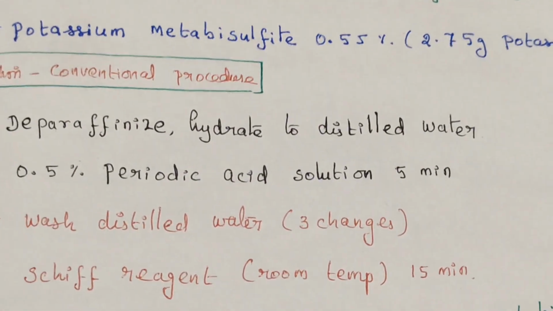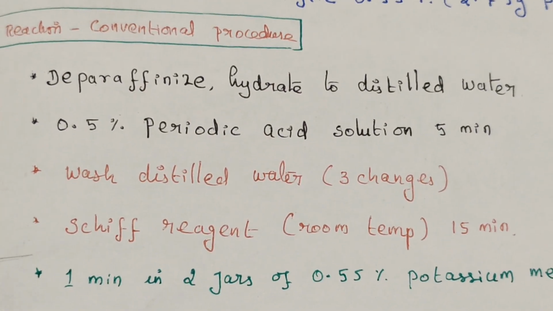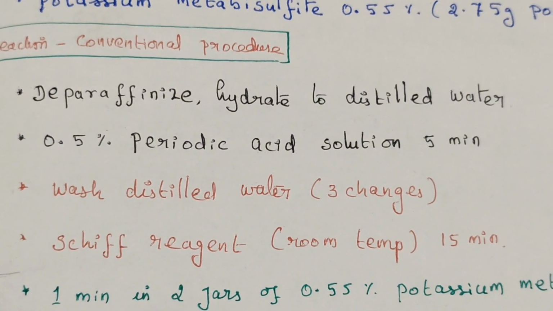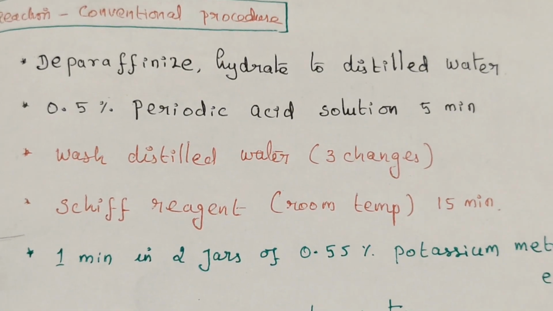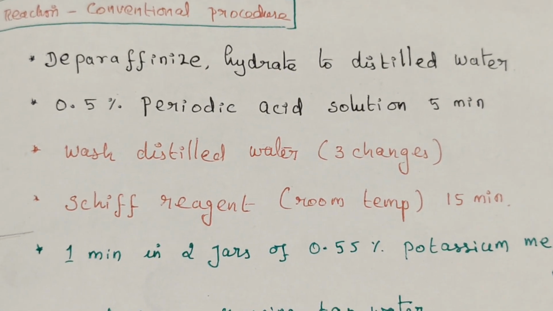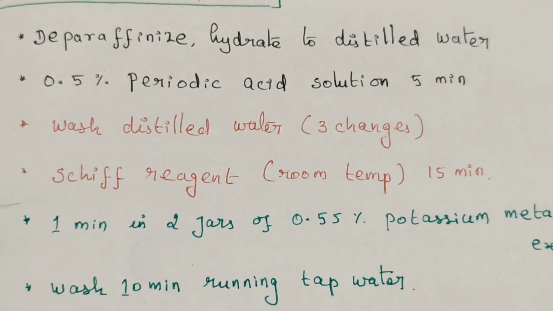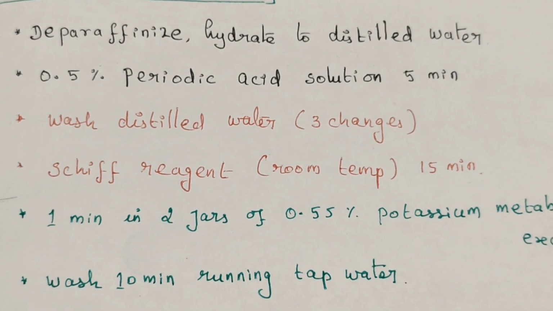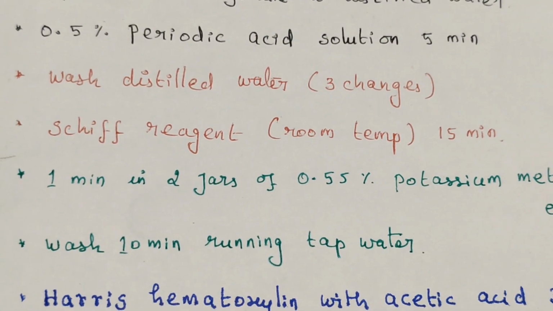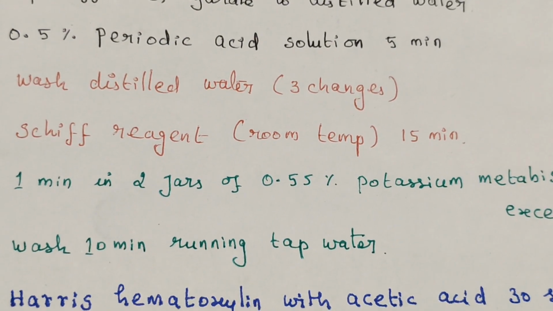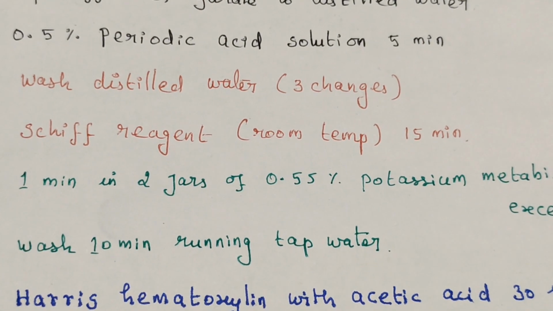So first we prepared the slide. Then we deparaffinize, then wash with water, then add 0.5 percentage periodic acid solution and wait for 5 minutes, then wash with distilled water for 3 changes. Then we add the Schiff reagent, wait for 15 minutes.